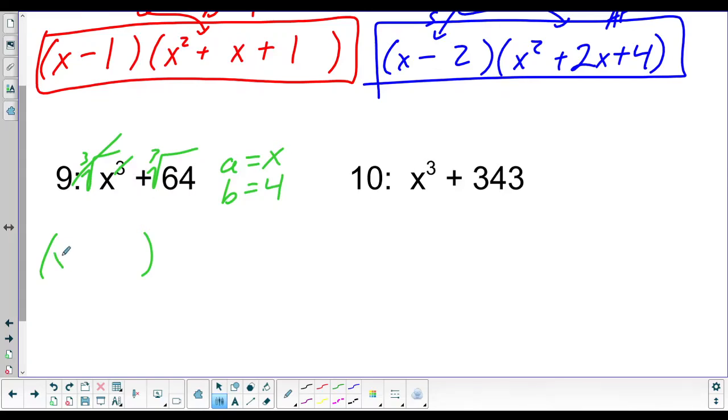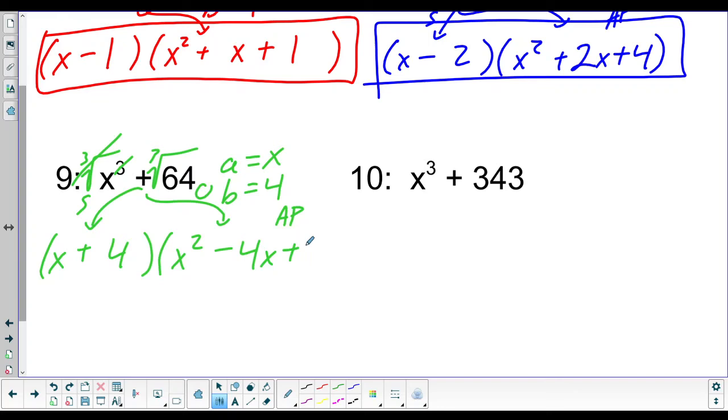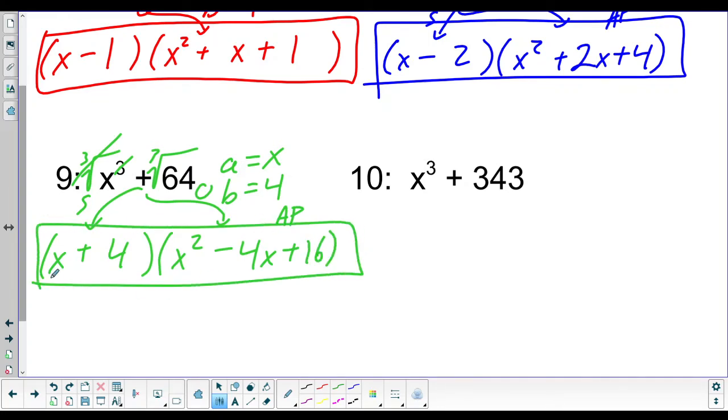Put in A and B. Same sign as what's in the problem. Parentheses. A squared is X squared. Opposite, so that's going to be minus. A times B is 4X. Always plus B squared. 4 times 4 is 16. That's your answer.